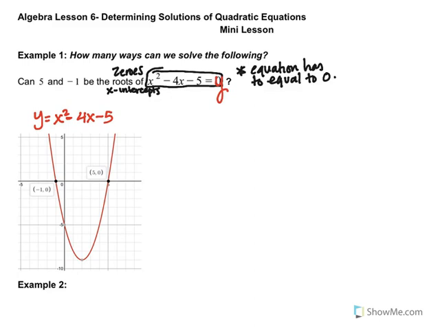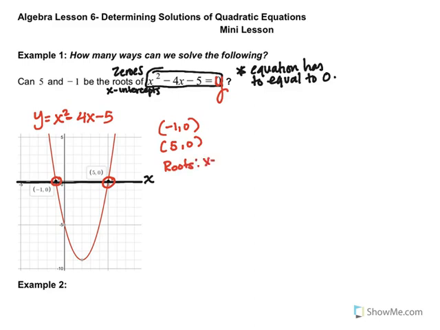Once I have the graph, I want to check where my graph crosses the x-axis that I have right here. We don't care about the y-axis, we don't care about any other crossing, we care about where your graph crosses the x-axis. And I can see that there's a point right here, which is the point negative 1 comma 0, and a point right over here, which is the point 5 comma 0, which means that my roots, the x values, are these points.